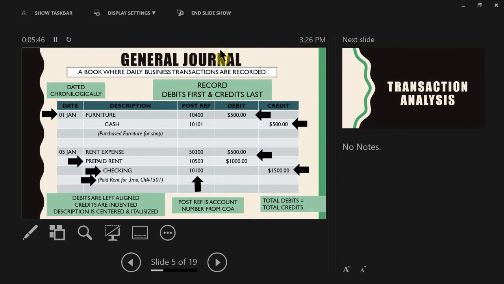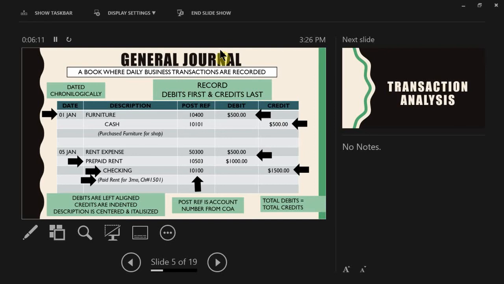Second thing that you're going to have to notice is that when you record, you're going to record your debits first and then your credits last, or your credits second, however you determine it, right? And how we write our journals, or how we write our debits and how we write our credits, is going to be this.